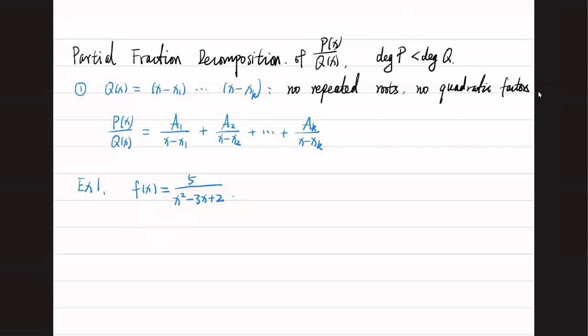Sakina, x squared minus 3x plus 2. It's (x minus 1)(x minus 2). Nice. Okay, Sophia, let's set up the partial fraction decomposition.